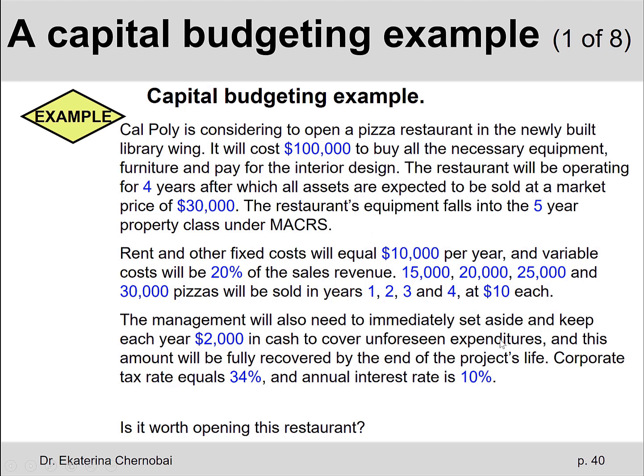Do we have anything here about taking a loan to cover part of this $100,000 purchase of the equipment? No. So every single number you see here that's given is relevant, which means we will need to use every single number here somewhere in our calculations of the cash flows, which would then be discounted at 10% to find the net present value to figure out if the restaurant is a good idea.